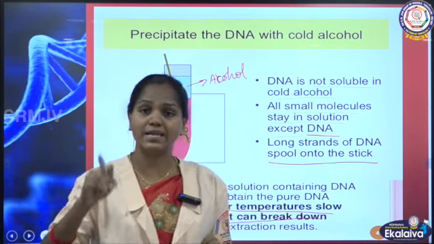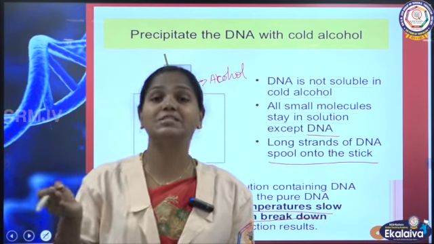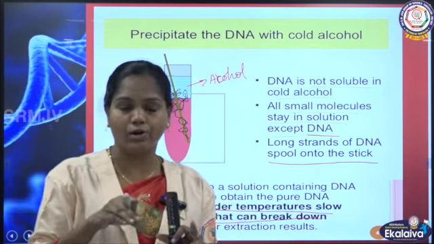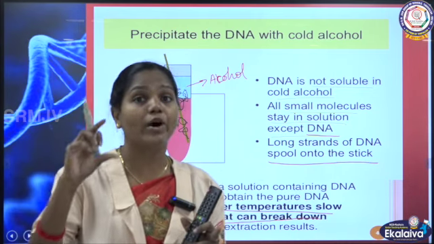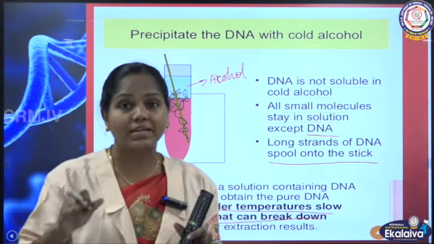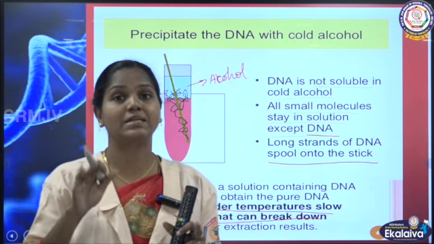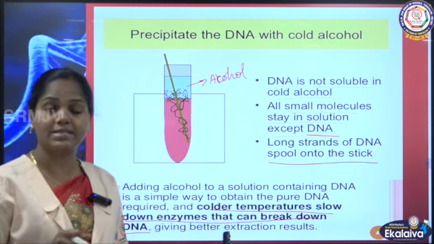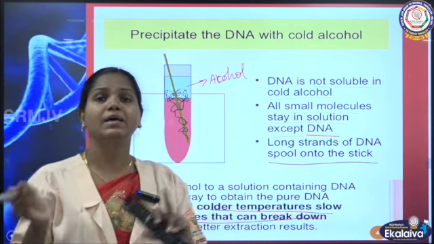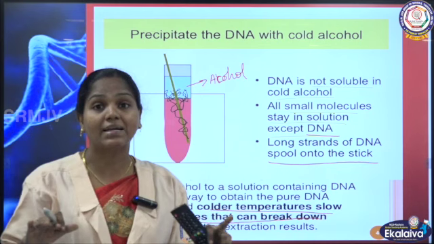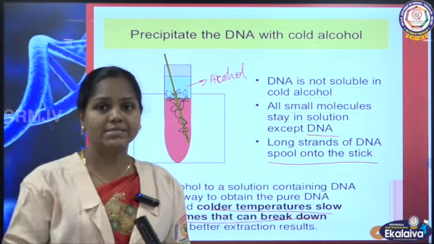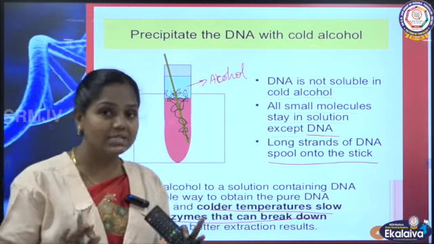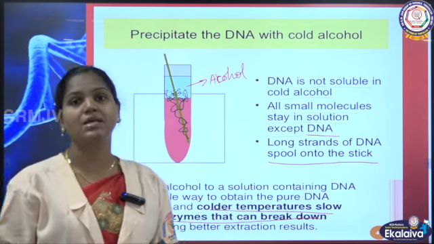If there are any DNA-degrading enzymes, once you collect the extract and add chilled ethanol, the lower temperature will inactivate those enzymes, because enzymes need an optimum temperature for their activation. That is the main purpose of using chilled ethanol.